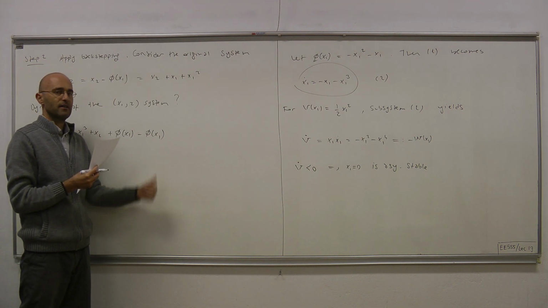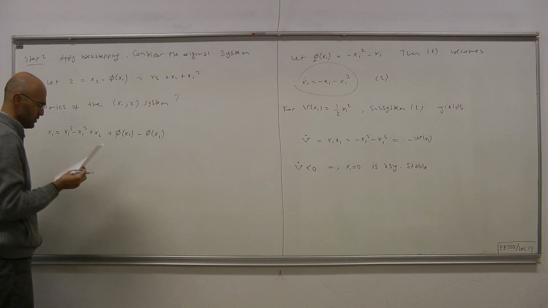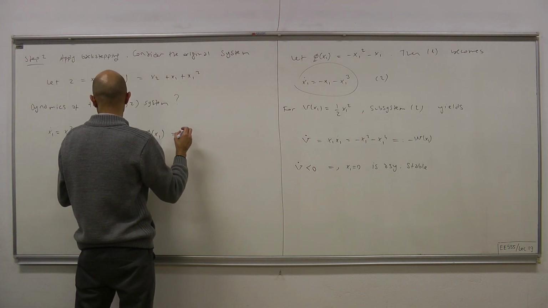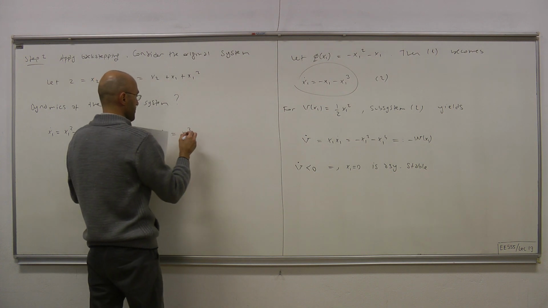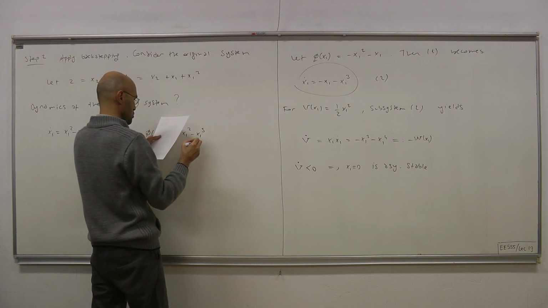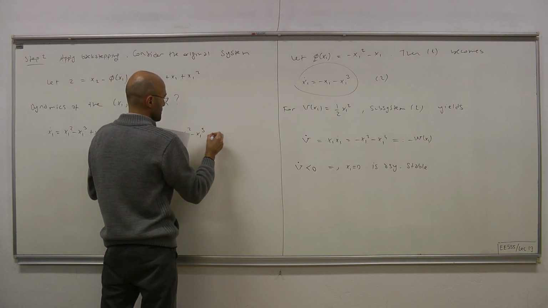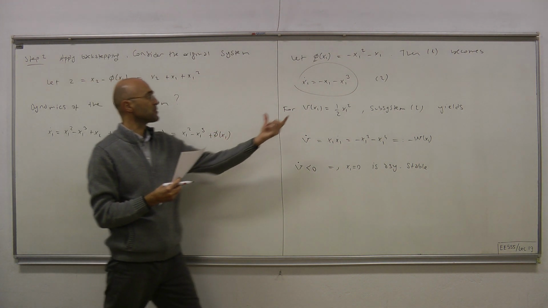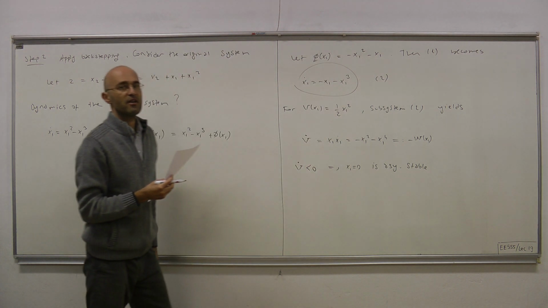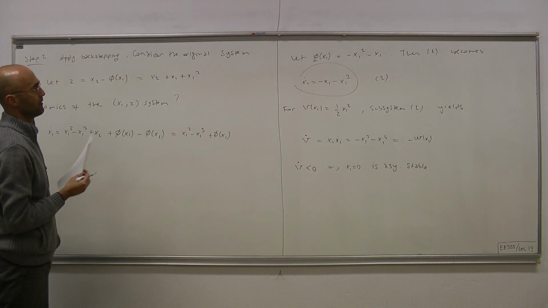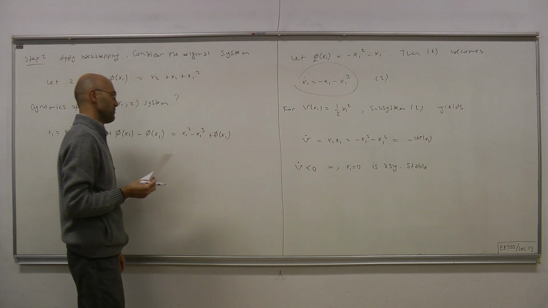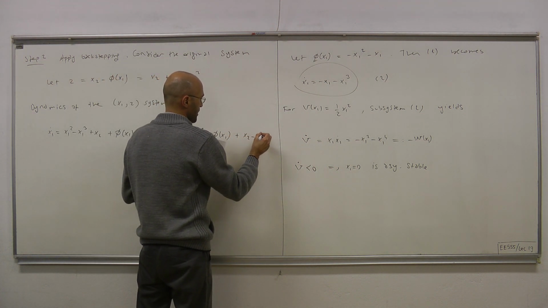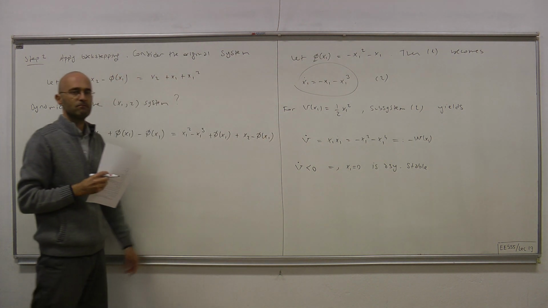But adding and subtracting has the advantage that we can write this as x1 squared minus x1 cube plus phi of x1, and this becomes the desired right hand side for the upper half subsystem, plus we have x2 minus phi of x1.